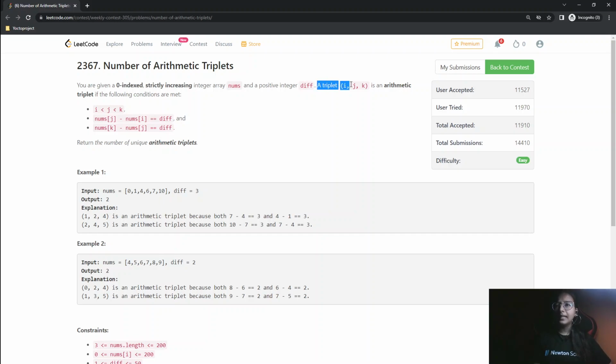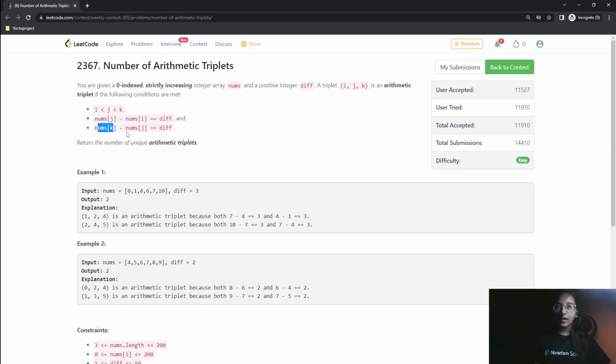A triplet (i, j, k) is an arithmetic triplet only if these following conditions are satisfied. The indices of those elements should be in increasing order, i < j < k. And nums[j] minus nums[i], the difference between the element present at the jth position and the ith position, is equal to the diff given to us as our input.